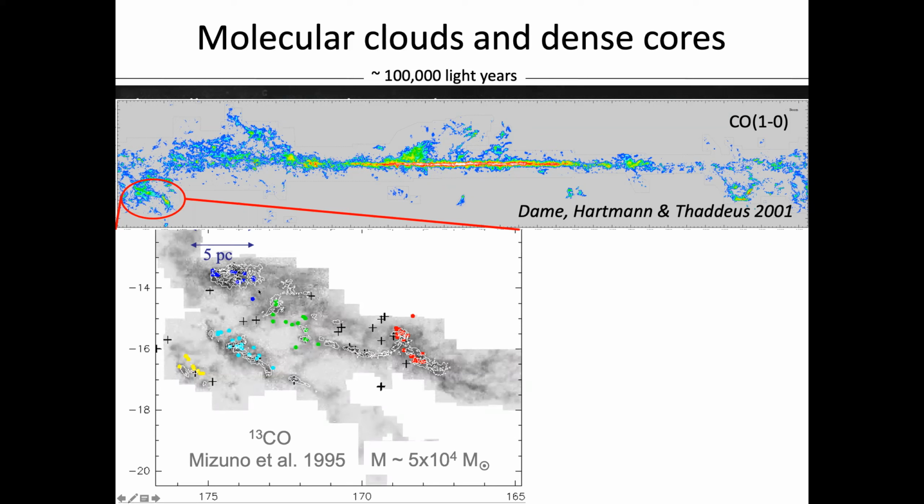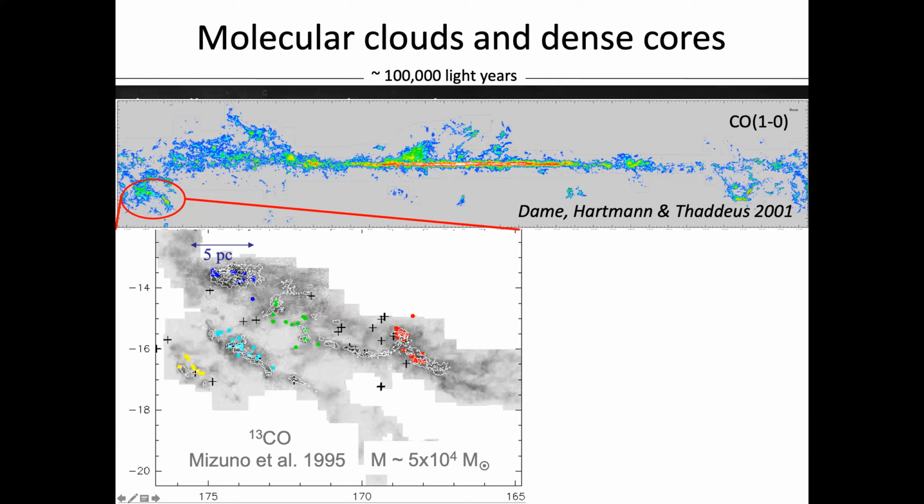Now you start to see the structure within this green region, because the 12CO 1-0 line is so abundant and so optically thick that you just see the skin of the cloud. You don't really see where stars are actually forming. But when you look at 13CO, things are getting better. You start to see substructure within the cloud seen in the 12CO.